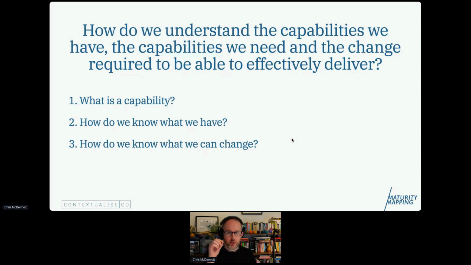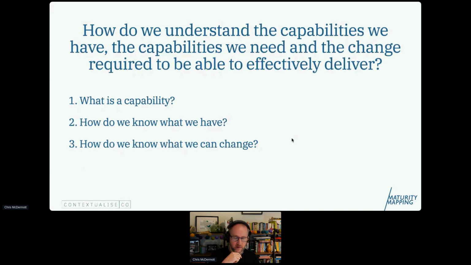Delivery is doing, execution is doing, and to do that, you require the ability. You have to have the capability to do. Very obvious statement. So the question I'm trying to pose, that maturity mapping can help us answer, is how do we understand the capabilities we have, the capabilities we need, and the change required to be able to effectively deliver?